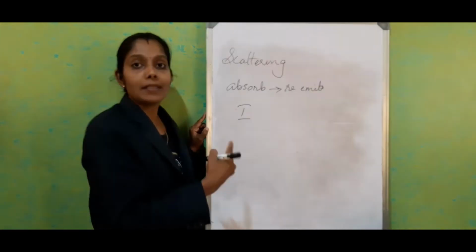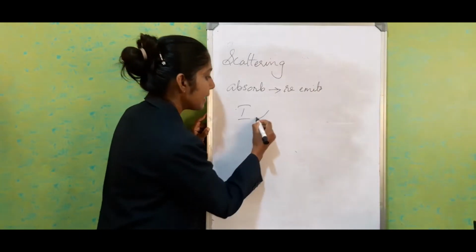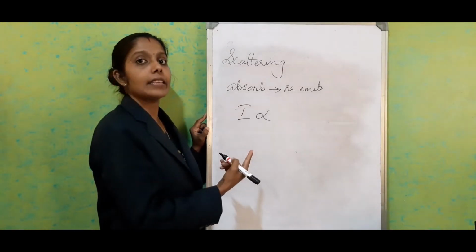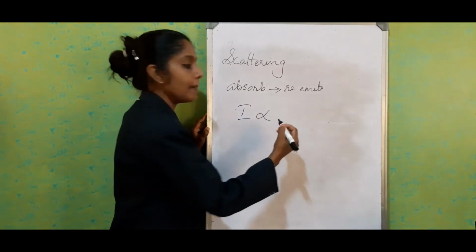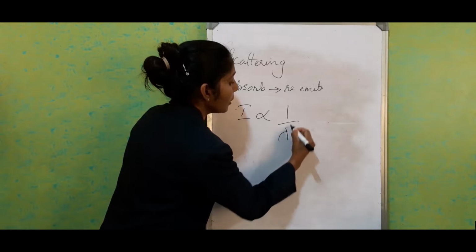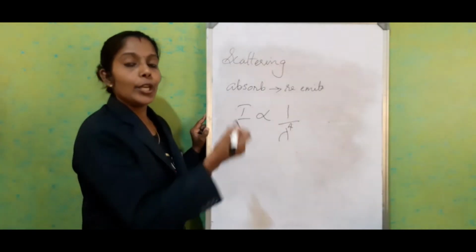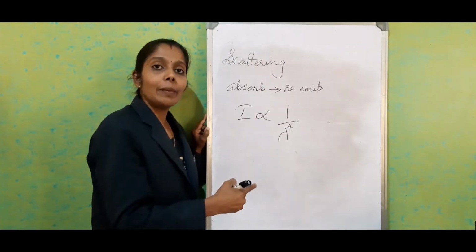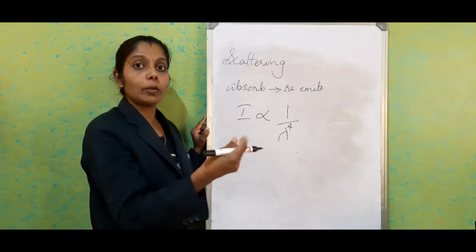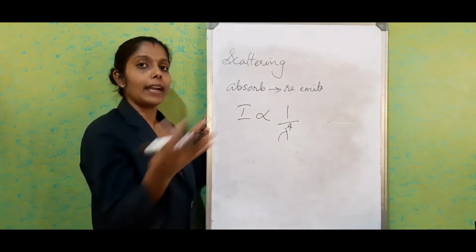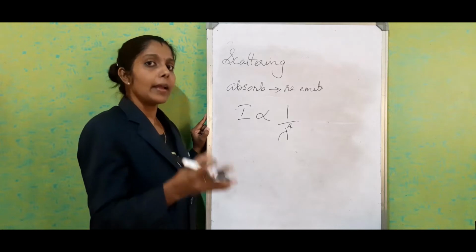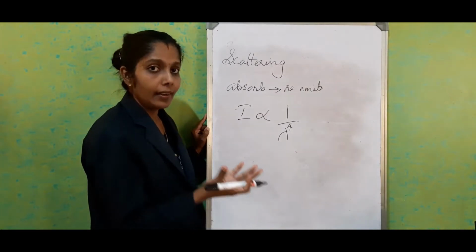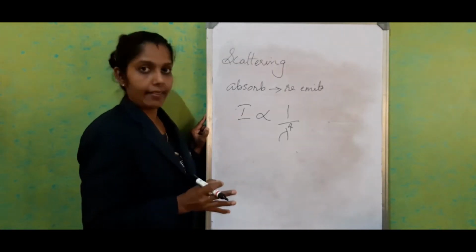Intensity is always represented by the letter I. The intensity of the scattered wavelength is inversely proportional to the fourth power of the wavelength. So the intensity will be least for the violet rays because the scattering will be more. If more light is scattering, the intensity will be very low. And for red color, the scattering amount will be the least.